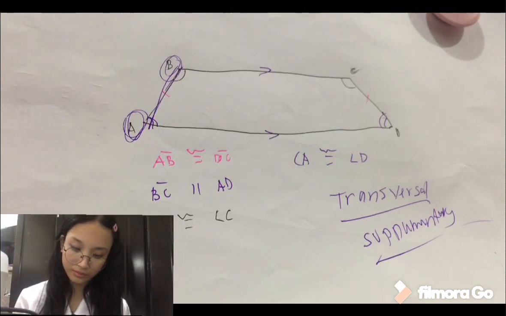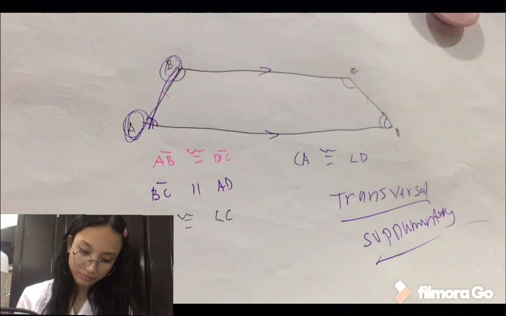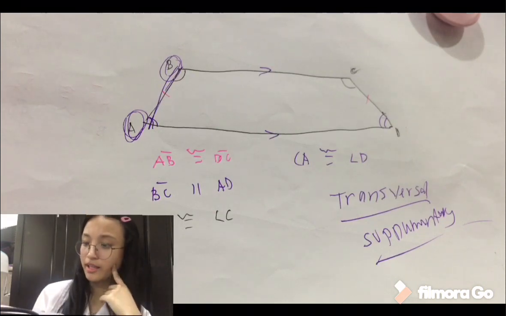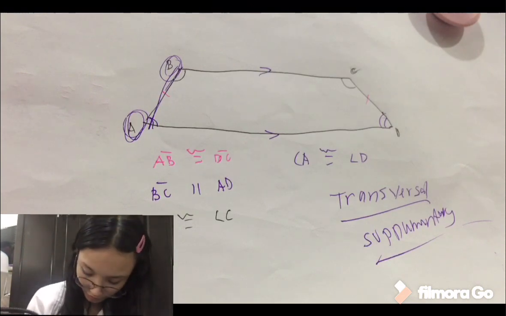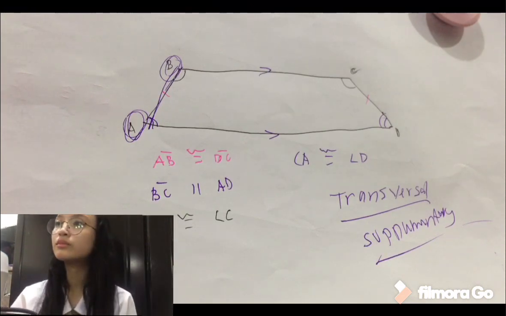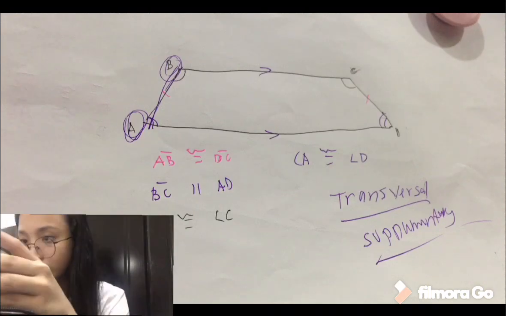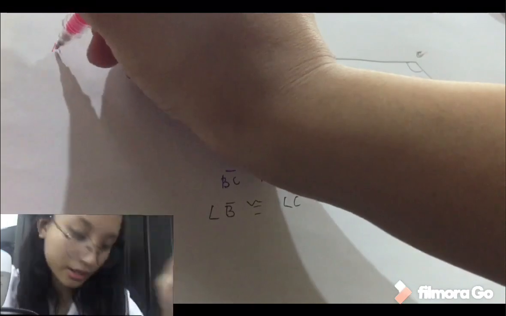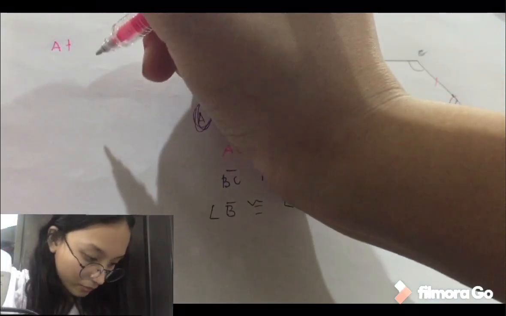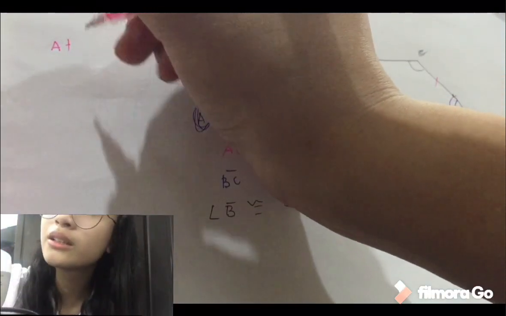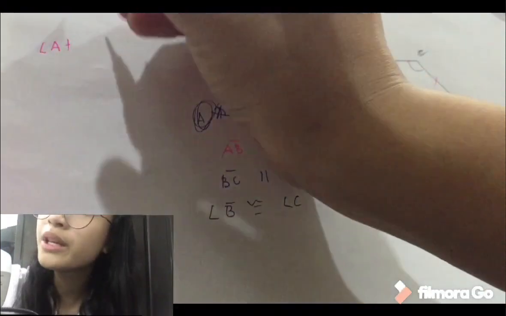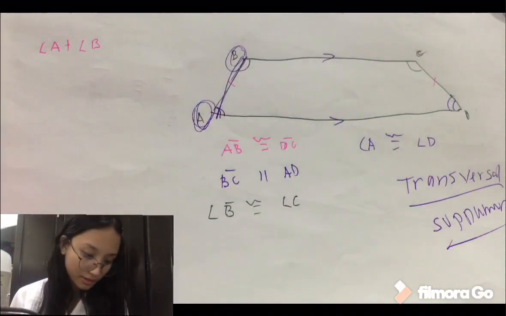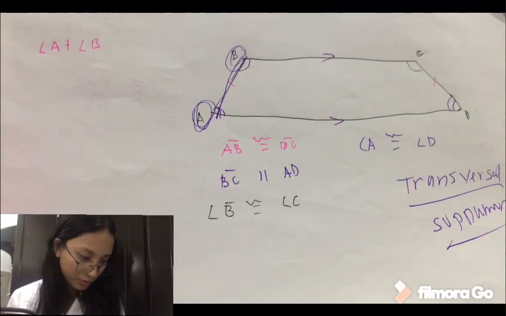Next, we could say that angle A plus angle B, the sum of the measures of those angles, is equal to 180.